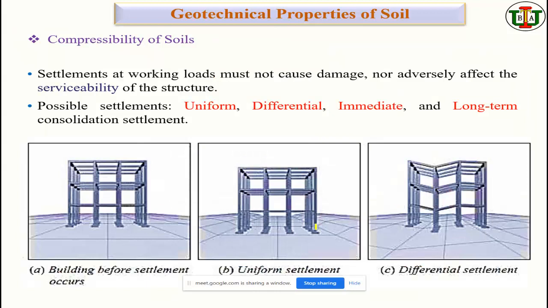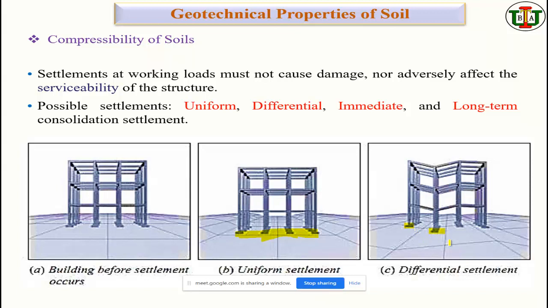Here is another example I can give you in detail. Have a look. This is the structure before any sort of settlement, and this one is settling uniformly. No change in the baseline, right? But here you can see the settlement of these bays is higher than this.